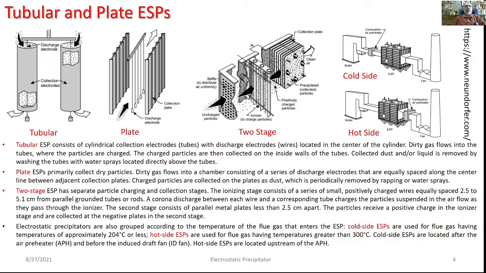Let's get acquainted with the types that we tried to discuss. Here the first configuration is of tubular ESP. As you see, it consists of cylindrical collection electrodes with the discharge electrode placed centrally in the form of a wire. Here the dirty gas, dust laden gas, enters from the top.